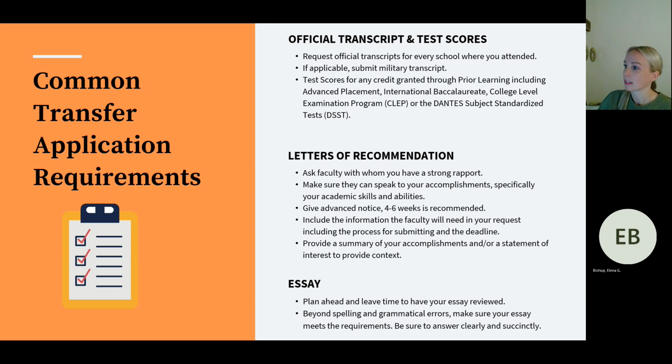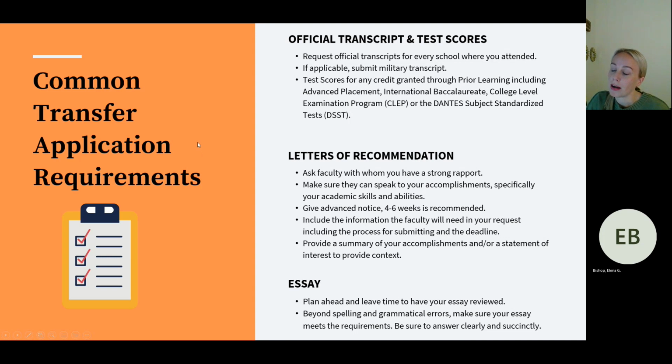If applicable, military transcripts must be submitted as well, and test scores for any credit granted through what's called prior learning, to include things like advanced placement, AP for short, the IB credits, college level exam program credits, CLEP for short, or the DANTES subject standardized tests.